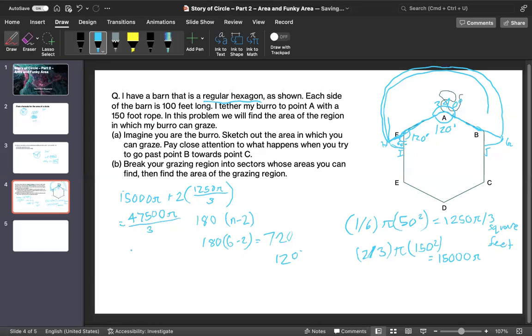And if you want the unit, it would be square feet. So here's our answer.